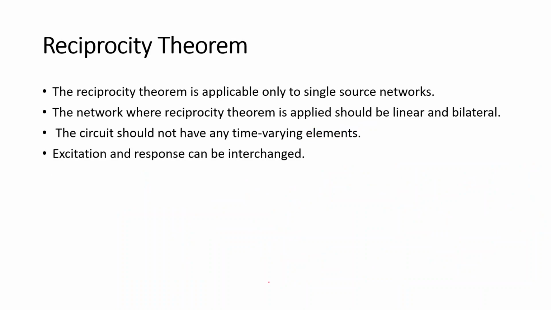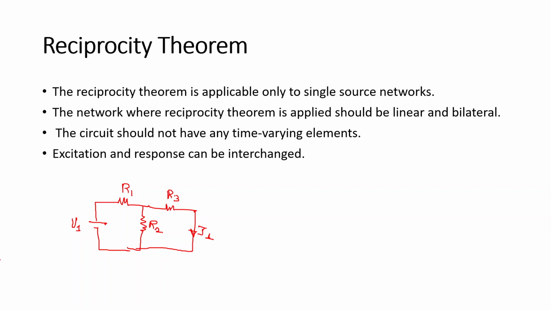Next we have the reciprocity theorem. The reciprocity theorem is a very simple theorem which states that the excitation and response can be interchanged. Suppose we have such a circuit. This is the current I1 flowing through this branch, and this is the voltage V1.